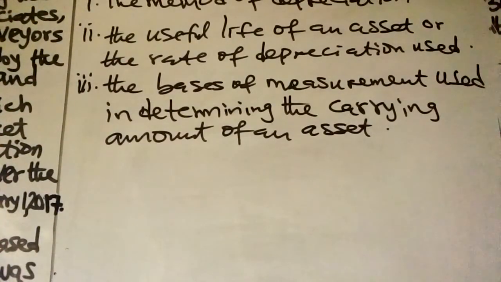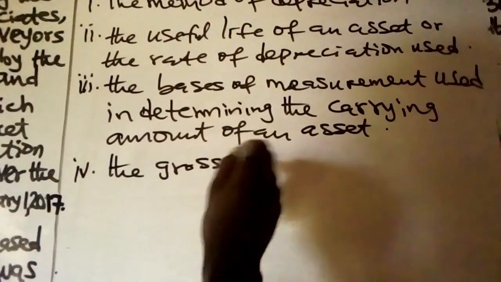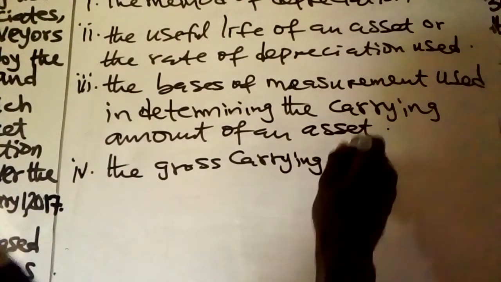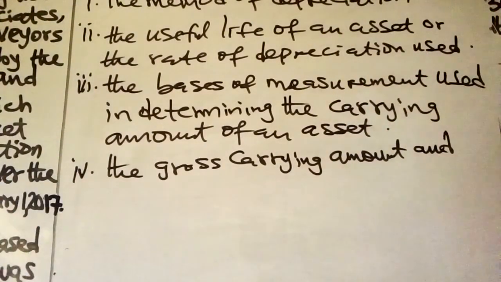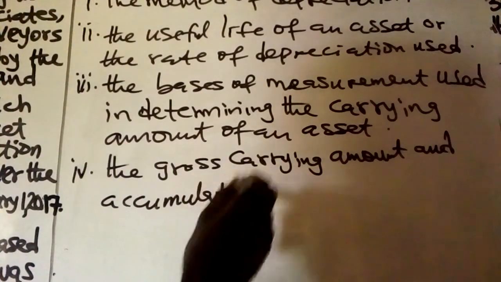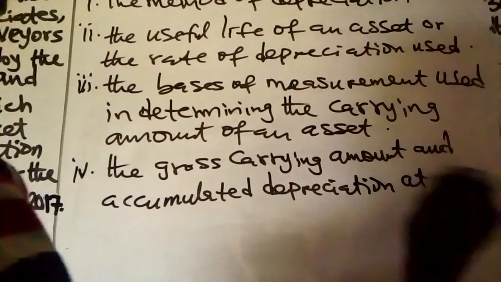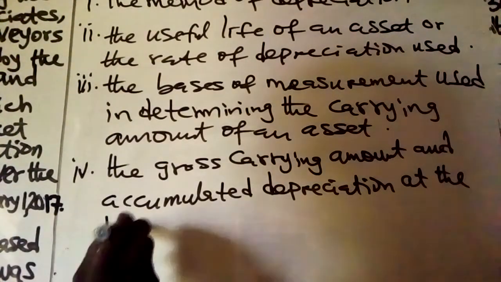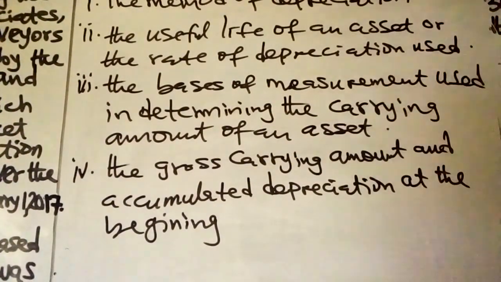Then number 4, the gross carrying amount and accumulated depreciation at the beginning and end of the period.